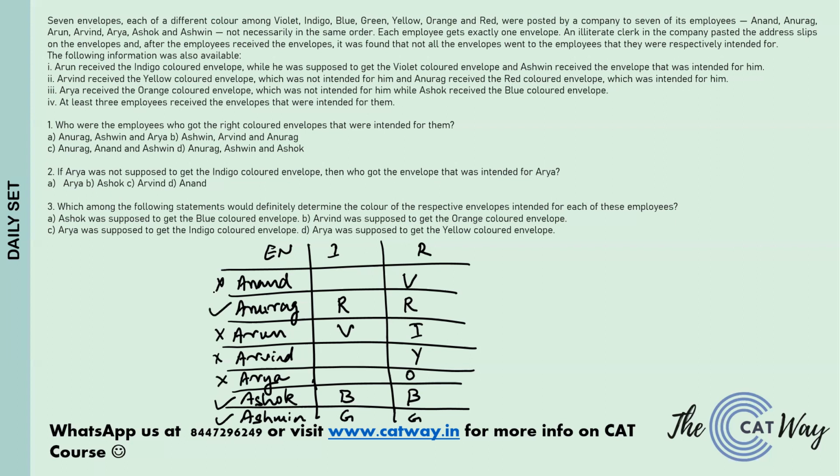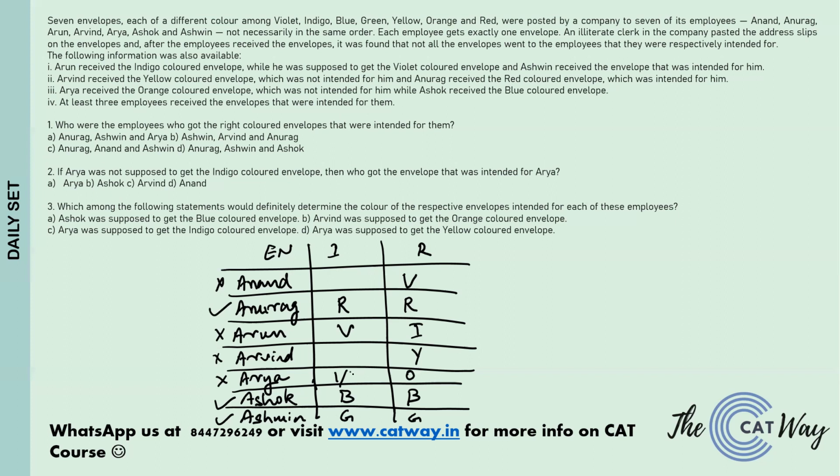Now we are left with Anand, Arvind, and Arya. So the probable options for Arya are going to be what? For Arya, it is going to be indigo, because indigo is left to be intended, as well as orange cannot be there, yellow can be there.